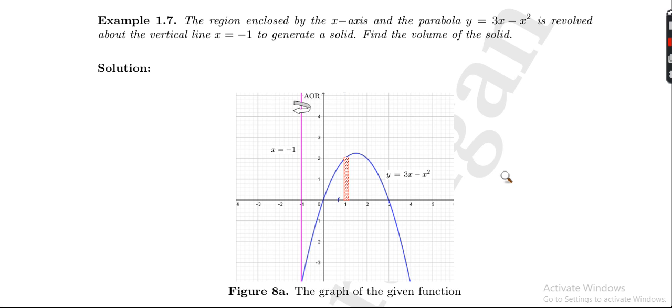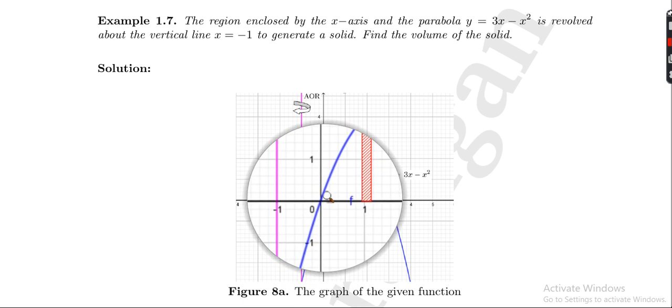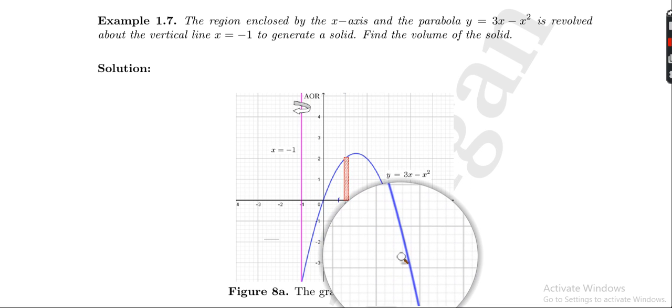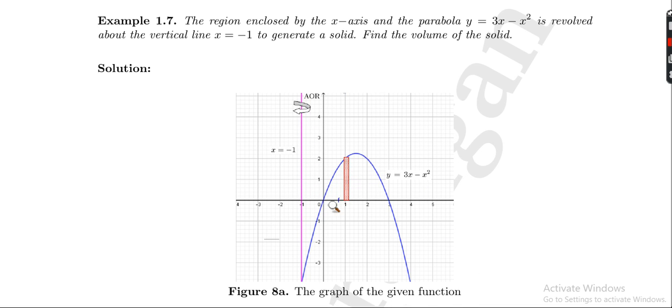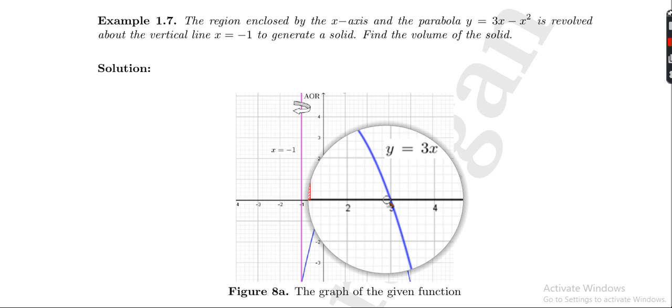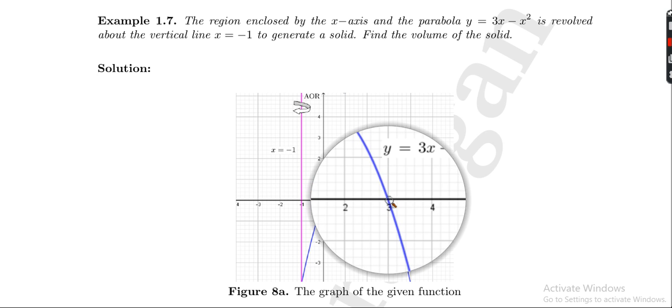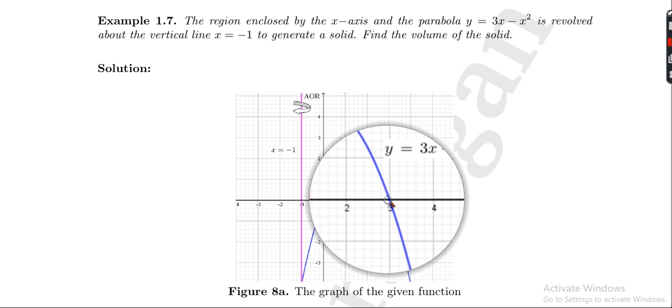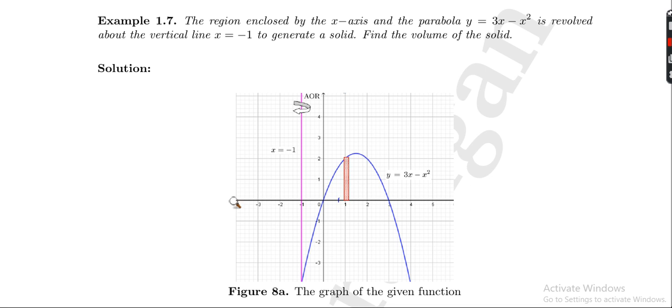Okay, now for our first figure, that's figure 8a. So this is the graph of the function wherein we have y equals 3x minus x squared as the parabola, which opens downward. This parabola passes through the origin, that's 0, 0, and it also passes through x equals 3, so we have the point of intersection at the x-axis at 3, 0.